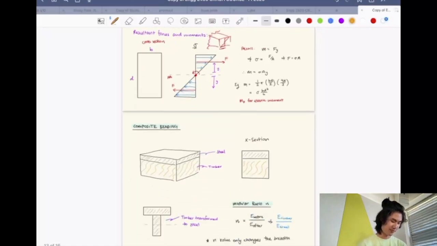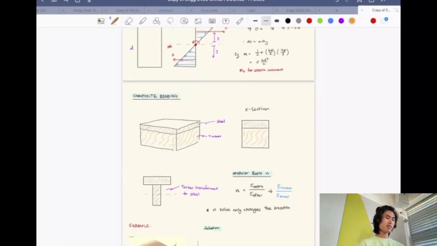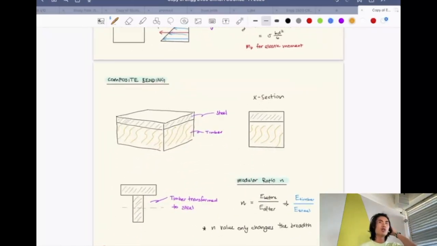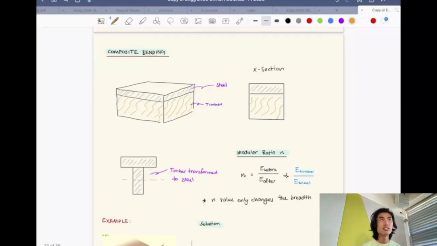It's pretty cool. Okay, so now we move on to composite bending. Composite bending is more materials focused as well. Pretty much it's the exact same as how you would find all the answers for most of these other questions for bending. Except the thing about composite materials is that you have to convert all of them to the same material. You can't actually consider them all as different materials.